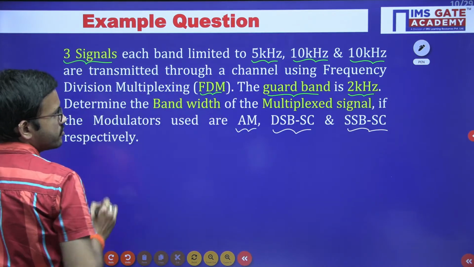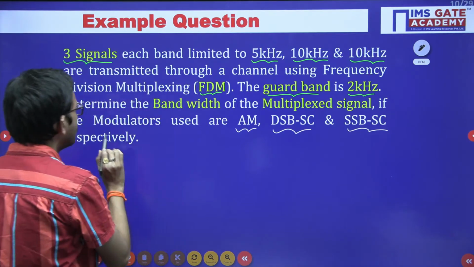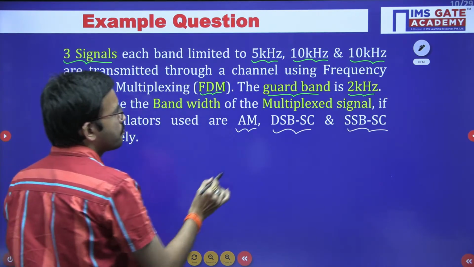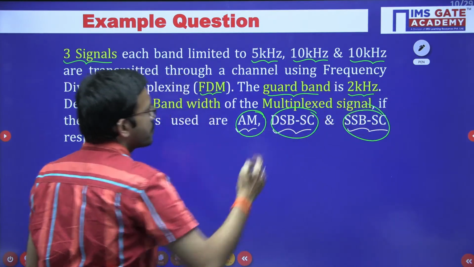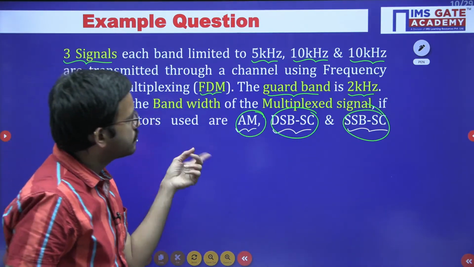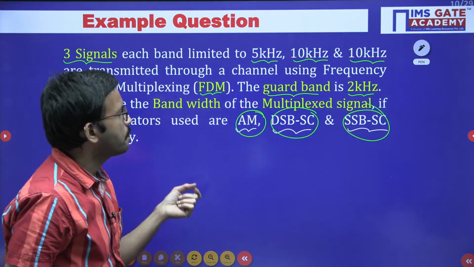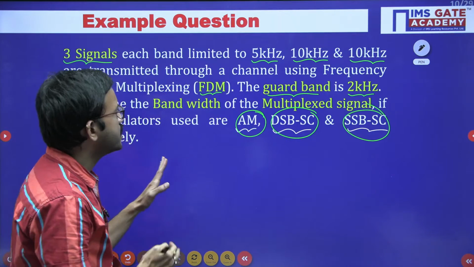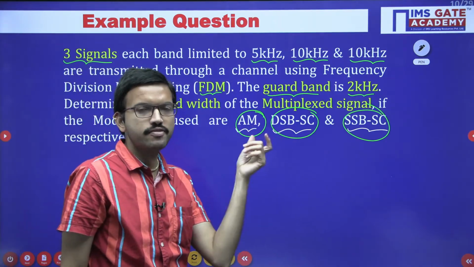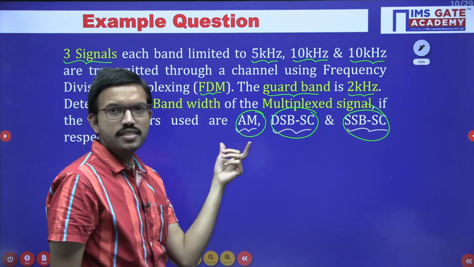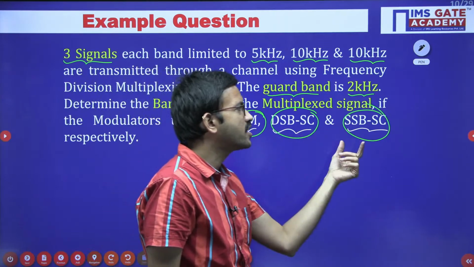Now see the beauty of this question. Determine the bandwidth of the multiplex signal if the modulators used are AM, DSBSC and SSBSC respectively. In the first question we discussed regarding the FDM concept, the first case had AM modulators for all signals, the second case had all DSBSC, and the third case had all SSBSC.